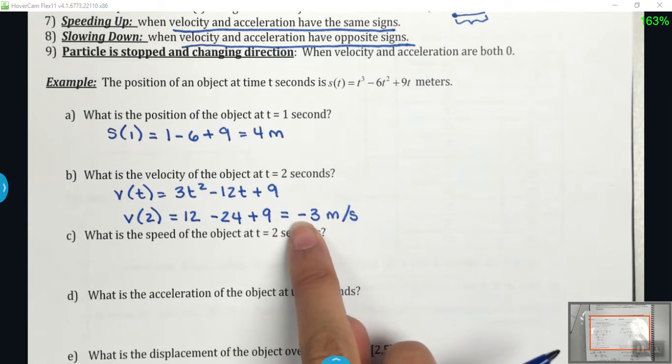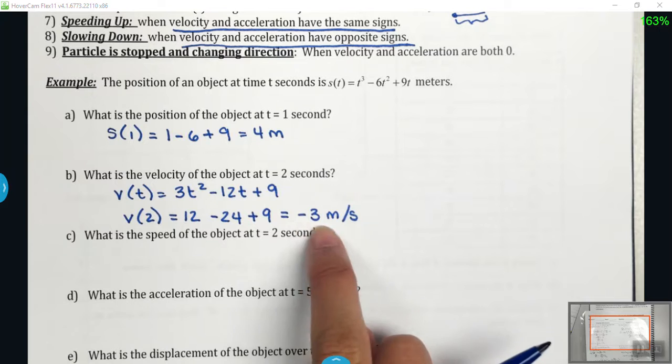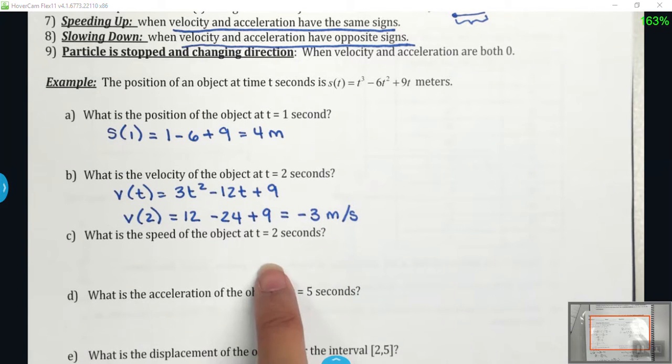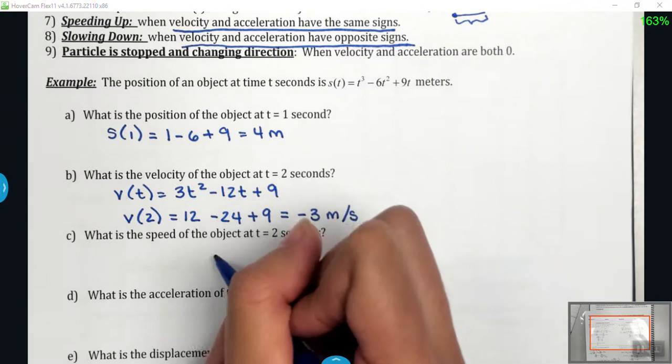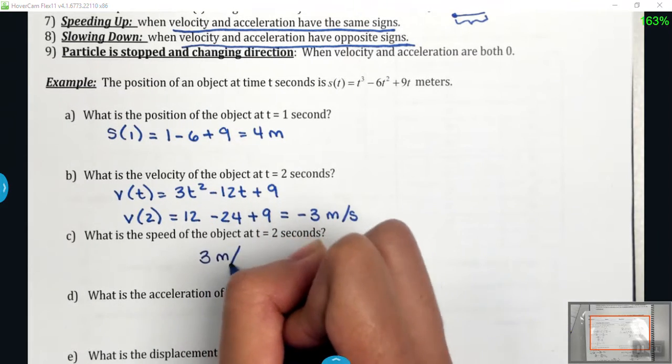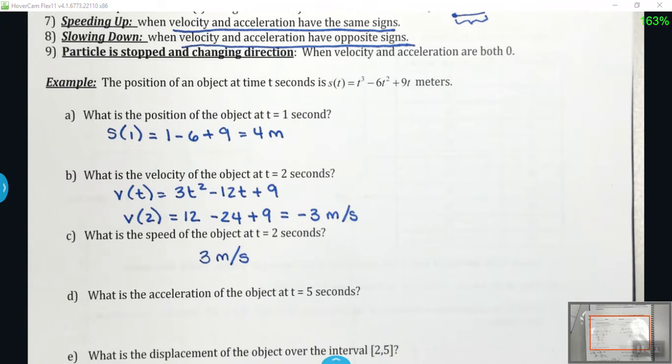So what does the negative mean? I'm moving left or down, right? Left or down. Speed of the object is take out the direction, so just 3 meters per second. Okay.